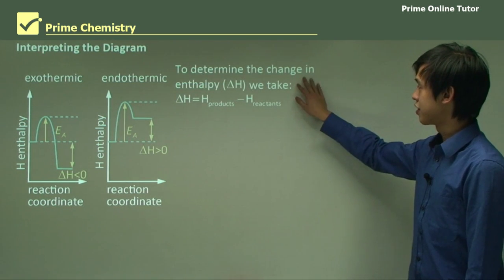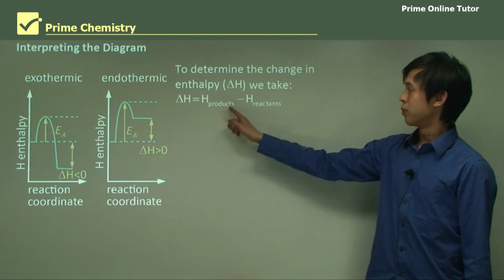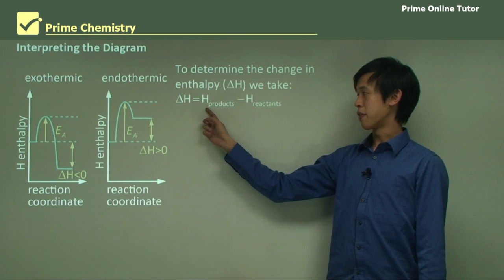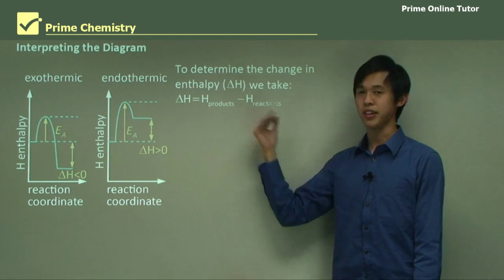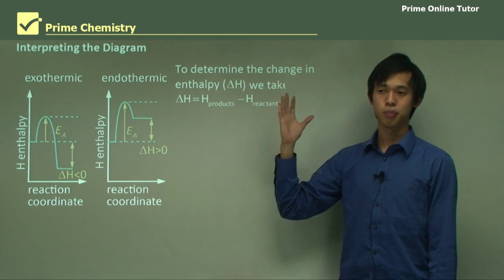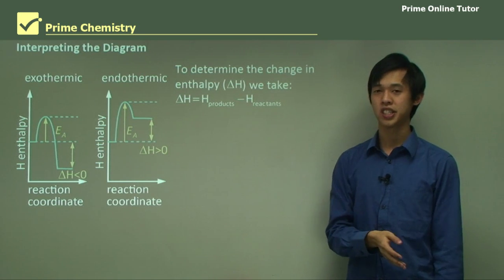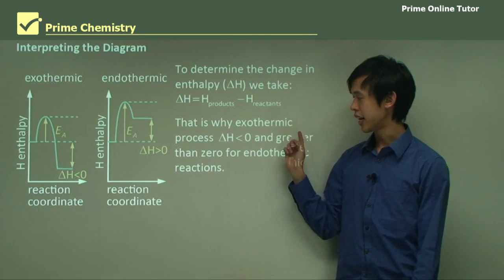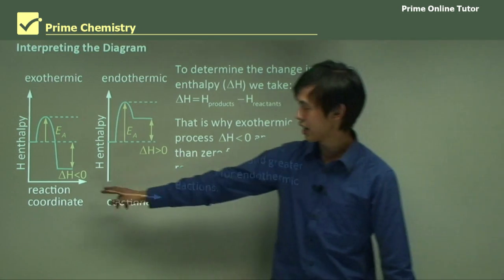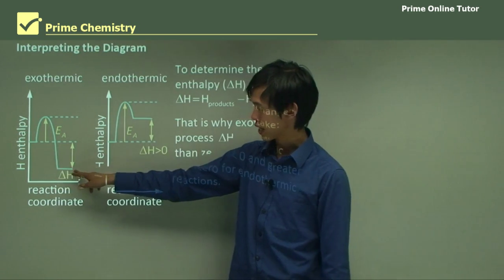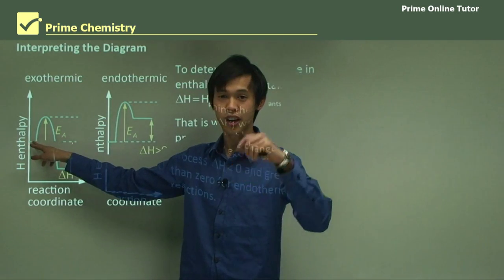Now, to determine the change in enthalpy, delta H, we take delta H to be the enthalpy of the products minus the enthalpy of the reactants. Very simple equation: products enthalpy minus reactant enthalpy, and that's delta H. That's why in an exothermic process, delta H is always negative, because the enthalpy of this product is very small, but the enthalpy of this reactant is very big.